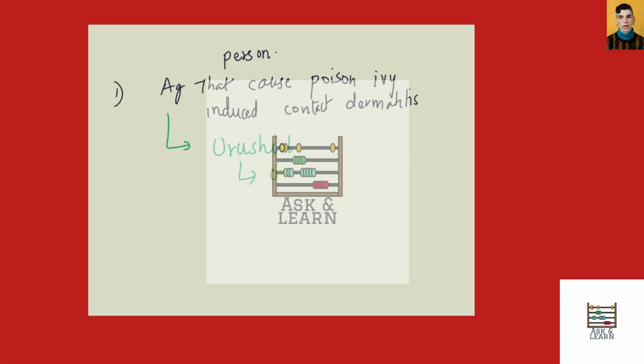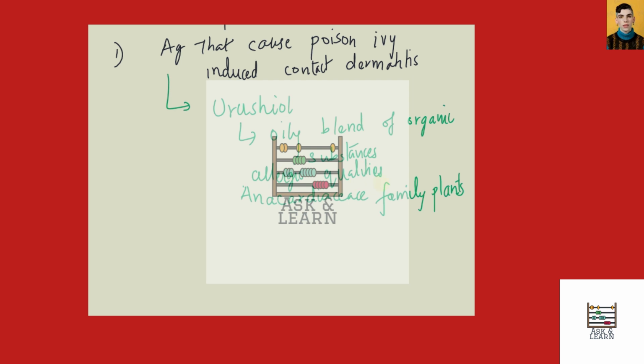This one is an oily blend of organic substances, and these particularly have an allergic quality that is present in a plant, and the plant specifically belongs to the Anacardiaceae family. Anacardiaceae family plants have this type of oily blend of organic substances with this allergic quality.